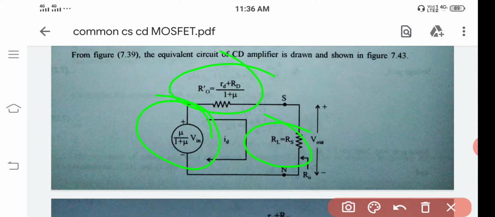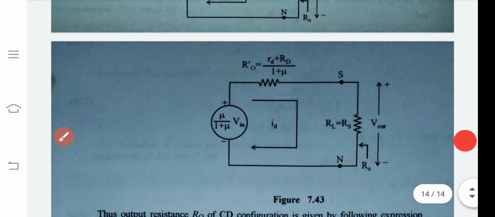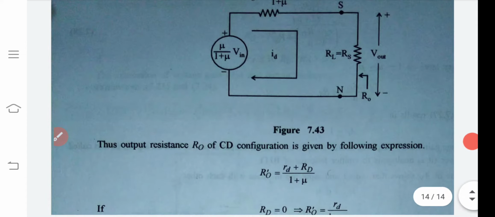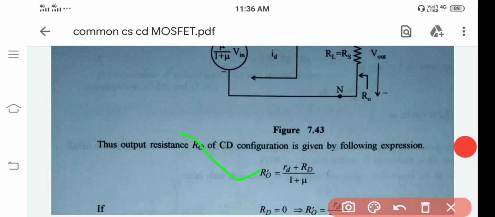We will get the load resistance and total resistance of the circuit. This is the total resistance of this circuit, where R0 dash is rd upon (1 plus mu).